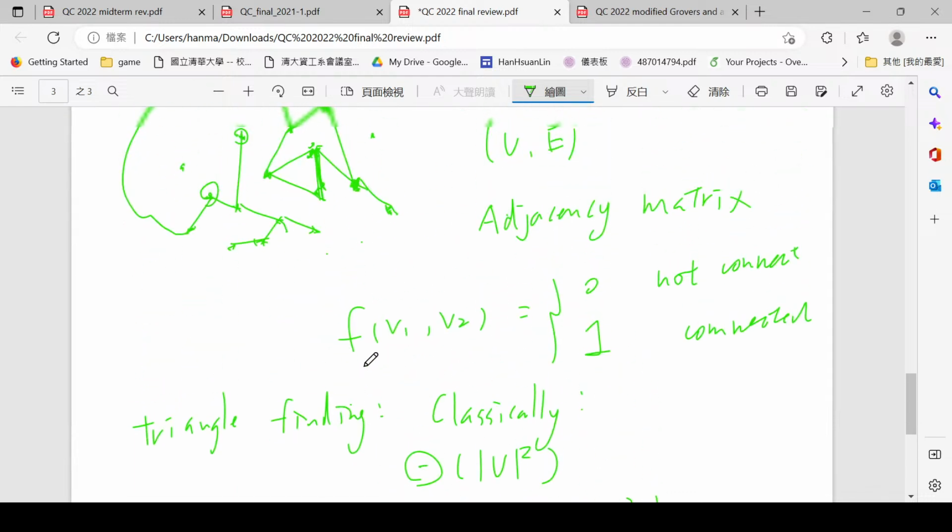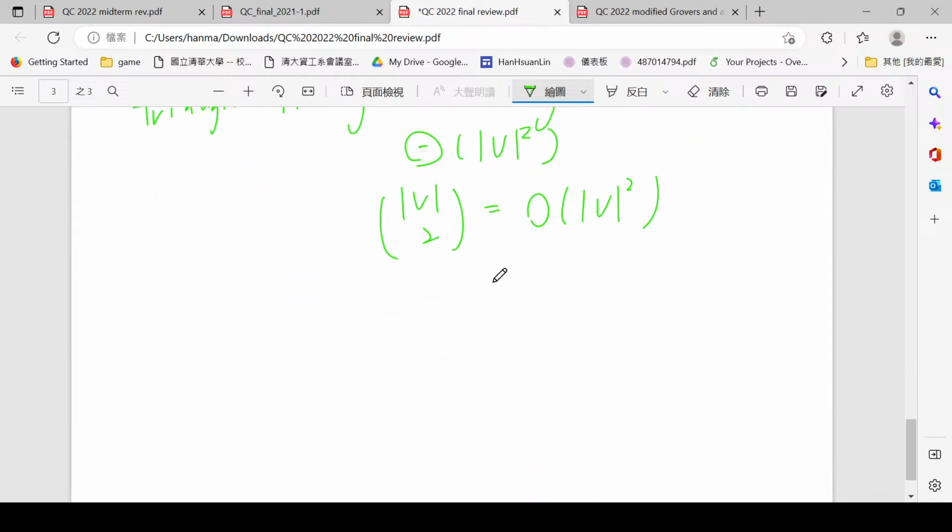But quantumly, the best known lower bound is omega of v. I believe it is still tight. And the upper bound is something funny.